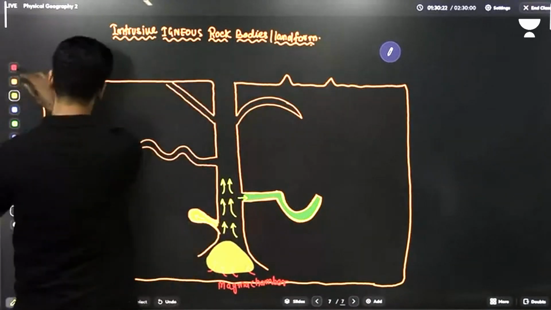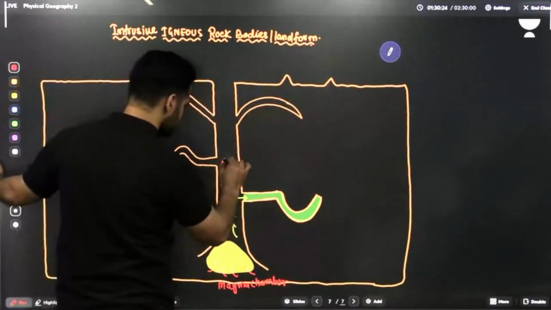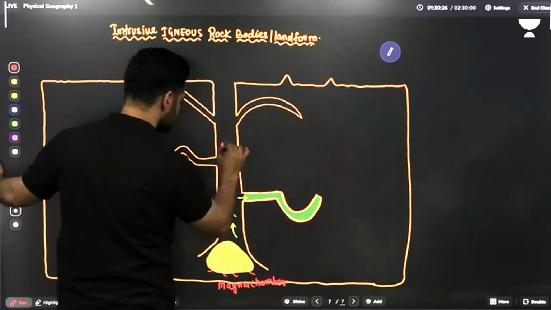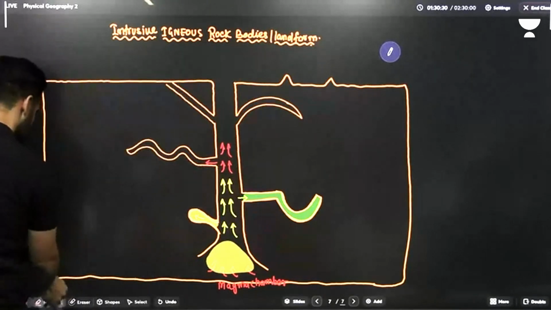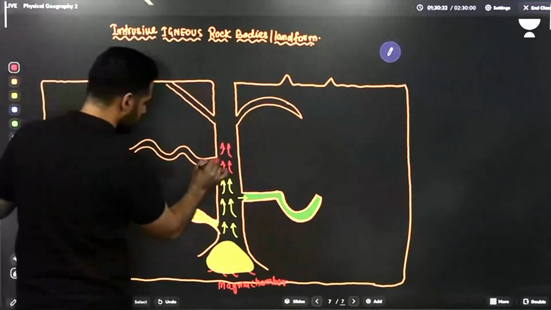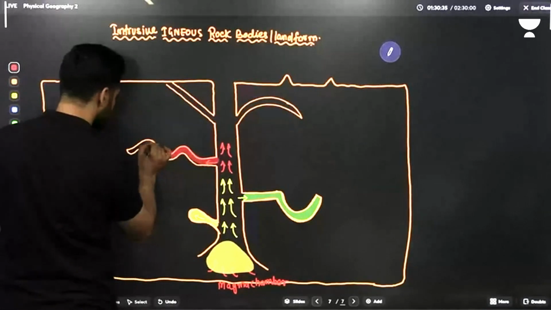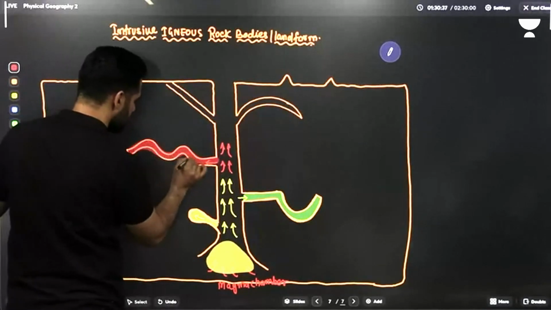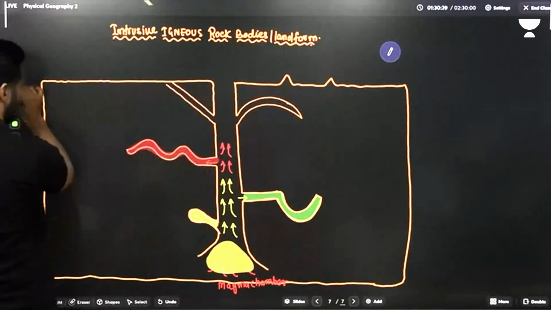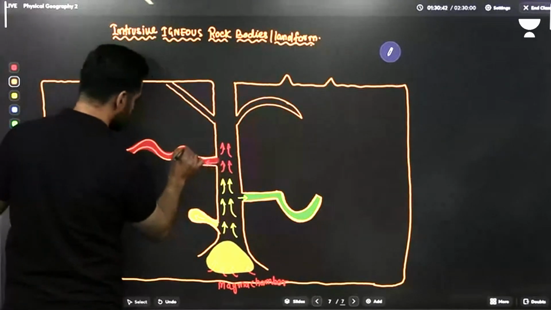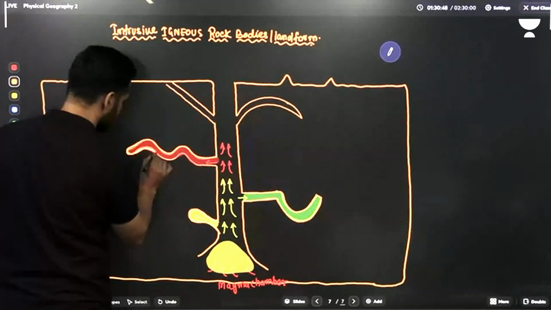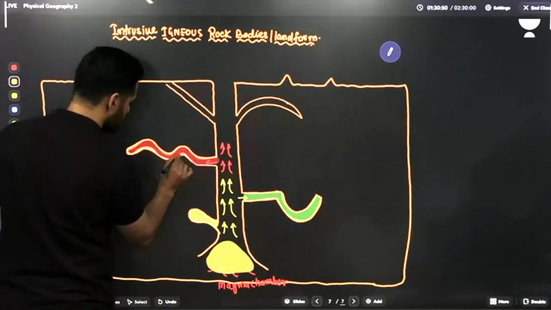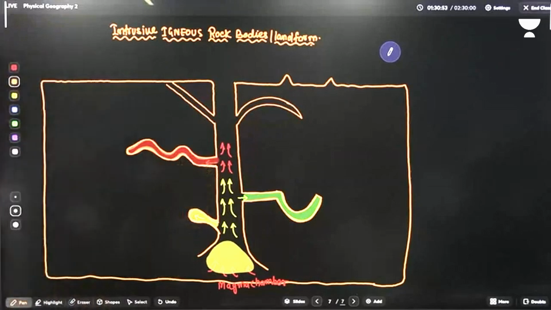Similarly, here it will further travel. It get a passage and enter here. So can I say it will solidify here only now? Hope it is clear.